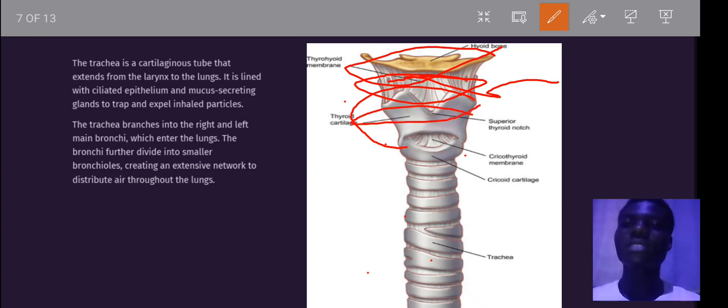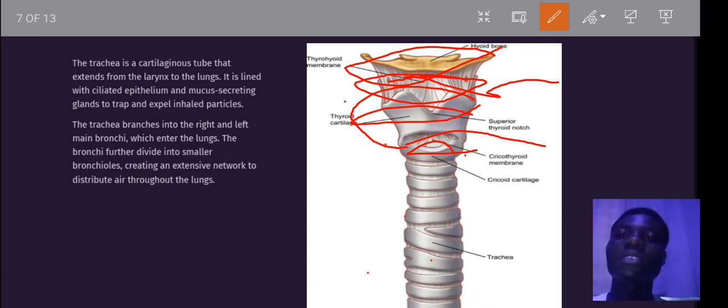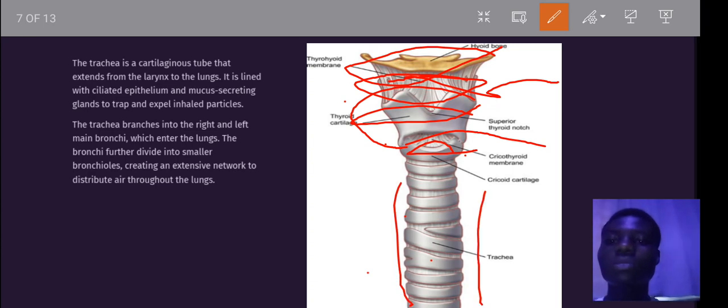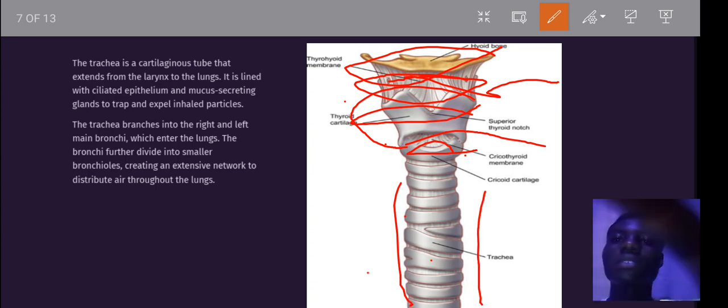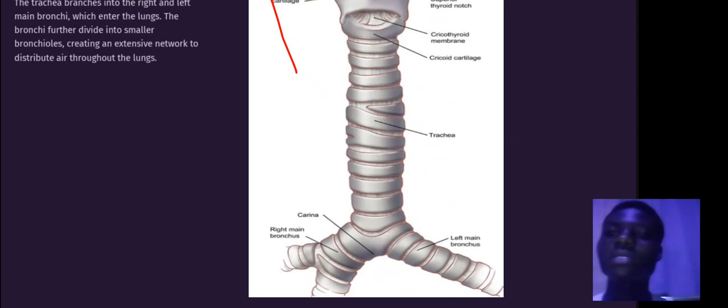We have the thyroid cartilage, and this is the cricoid cartilage, and here we have the cricothyroid membrane. Sometimes I use how I understand it to remember. So it's called the cricothyroid membrane, and this whole thing is called the trachea.